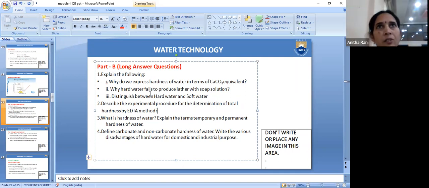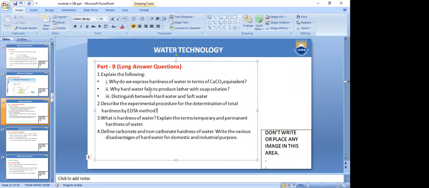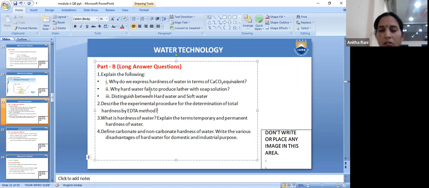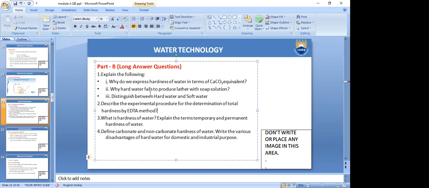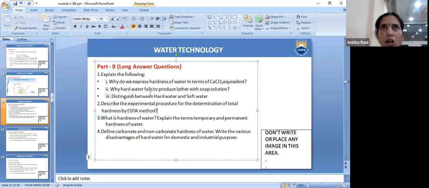Step 3 is total hardness, and step 4 is permanent hardness. Remember.